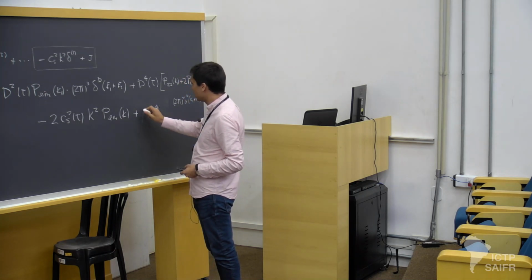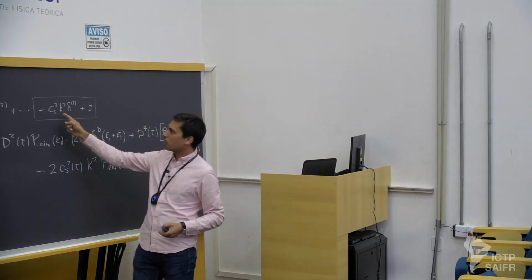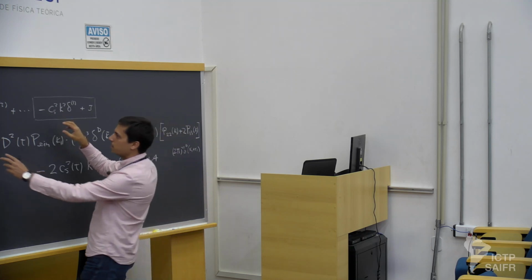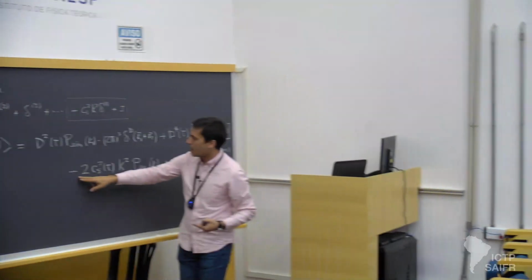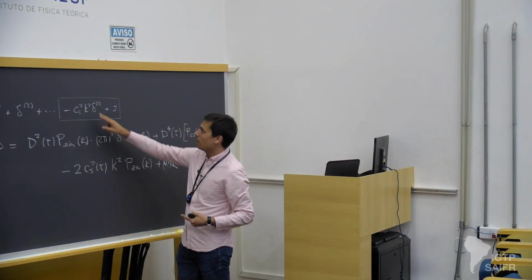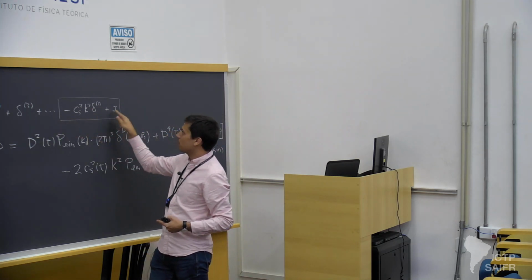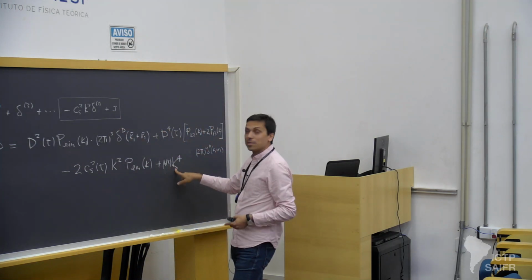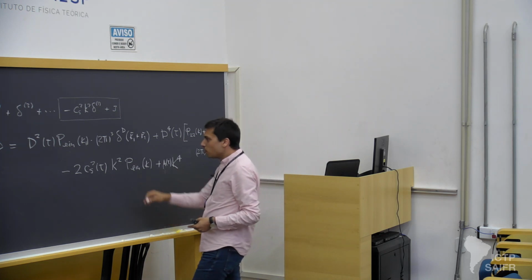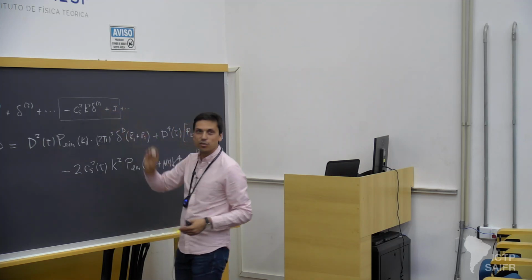Of course, this amplitude depends on time. All that I'm doing is just calculating the power spectrum, so I'm calculating delta 1 times delta 1, and there are 2 terms: minus 2 c_s squared k squared P linear, and then this J, which is stochastic noise, doesn't correlate with anything except itself. From general arguments, JJ is some amplitude times k to the 4. Of course, there are many other terms here that I'm not writing down, but these 2 are enough.